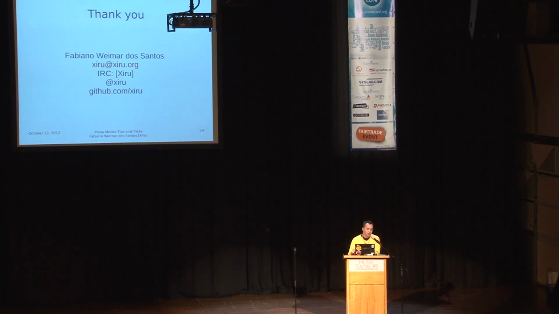In this example I showed you, I just used the CSS from jQuery Mobile and nothing else. But it's something that you could change. If you want, you can use the whole Plone CSS, and over it you can use the jQuery Mobile CSS also. It's a matter of choice. Just for simplicity, I used only jQuery Mobile and nothing else.